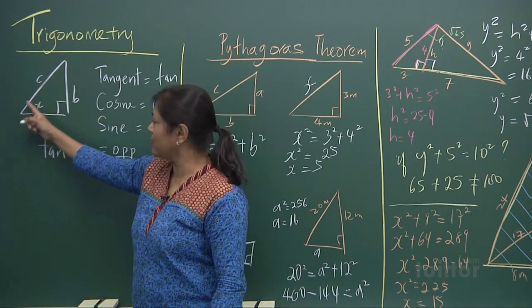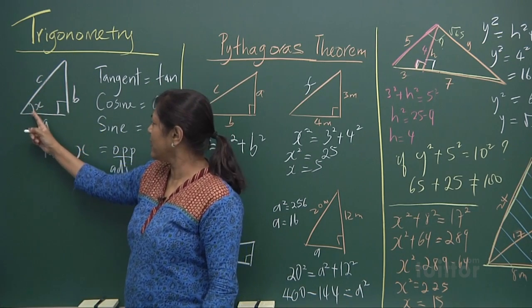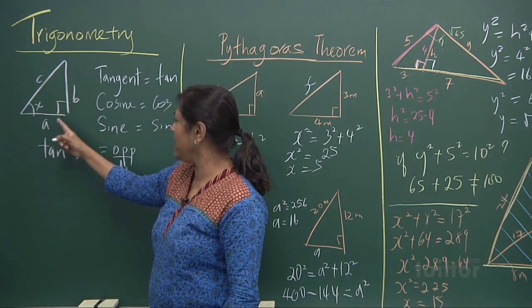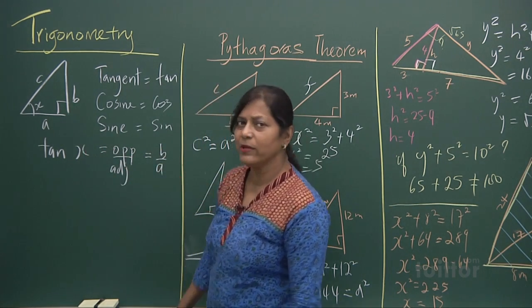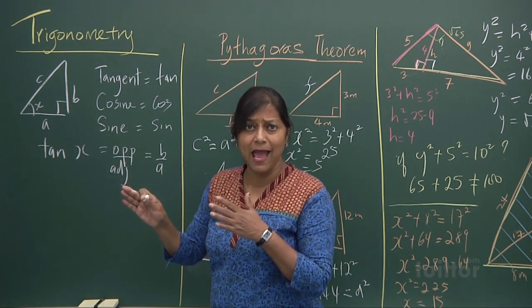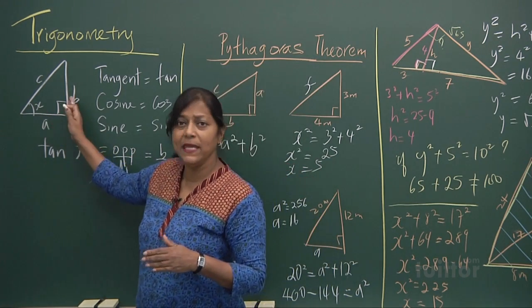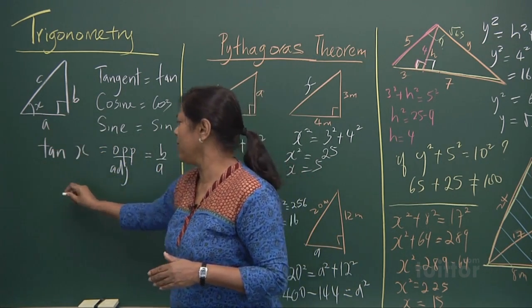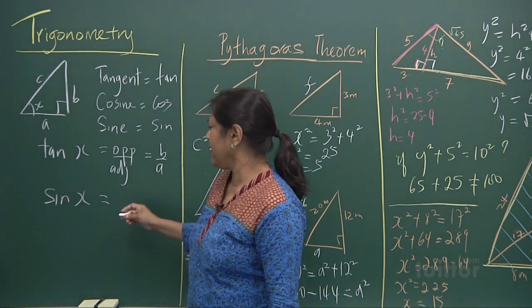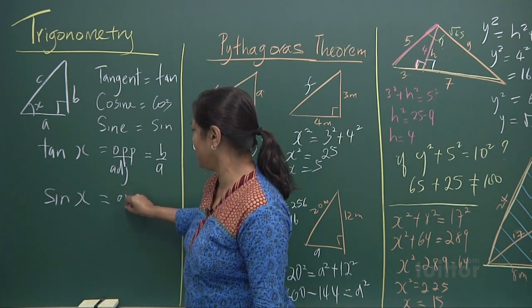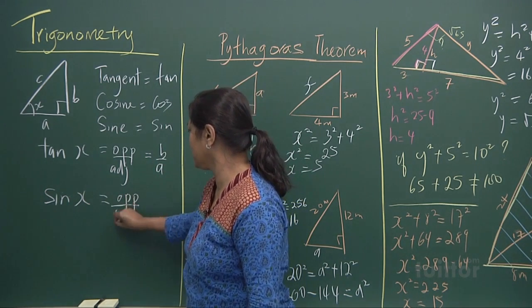It's not going to change. So tangent x is B over A, the opposite side over the adjacent. Please don't get it wrong. The next one, sine x, is opposite over the hypotenuse.